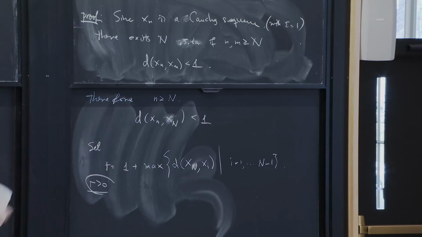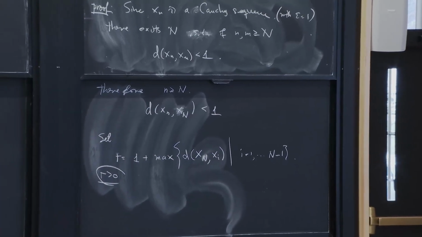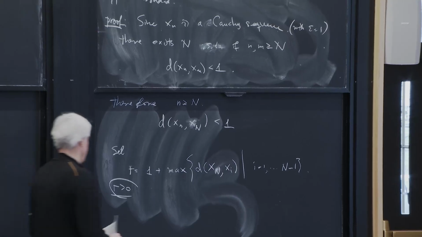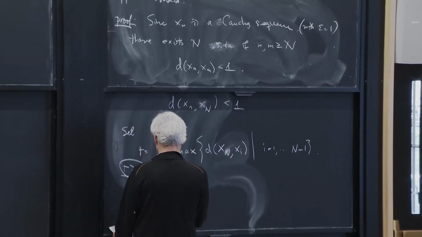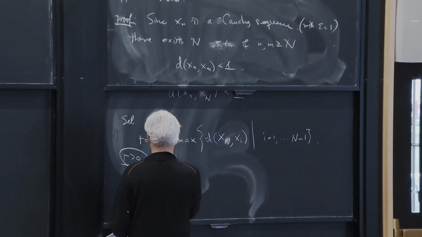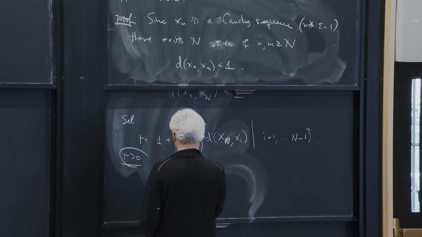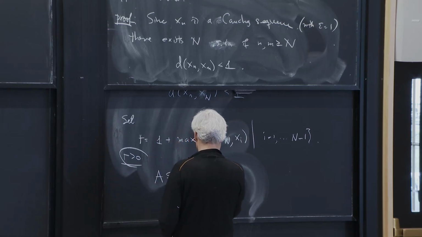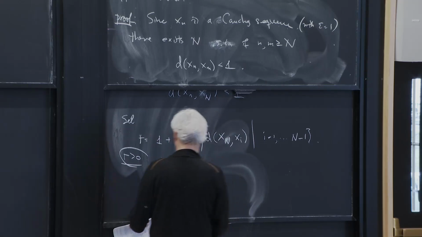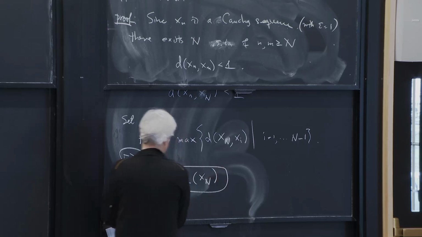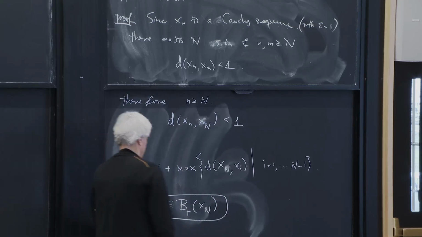It's finite. And now I claim that our set A here is contained in this ball around x_N. So I claim this thing here.